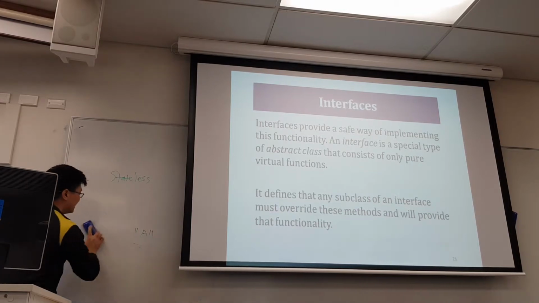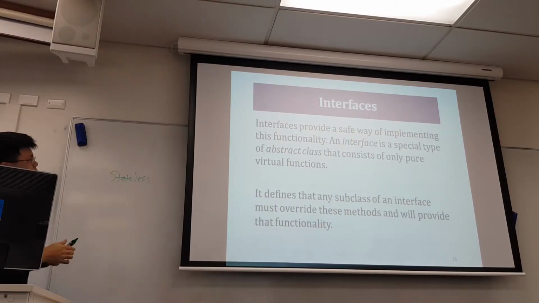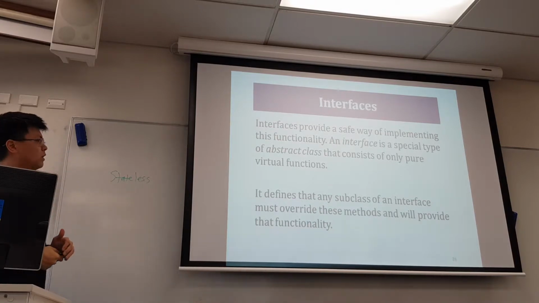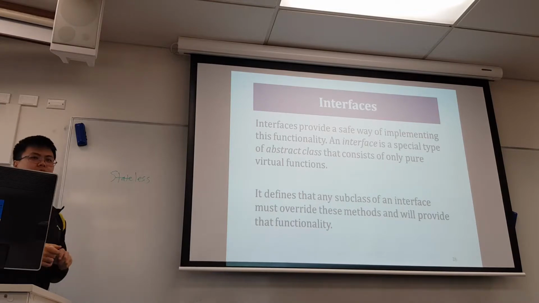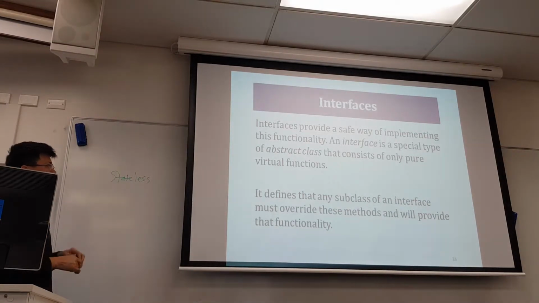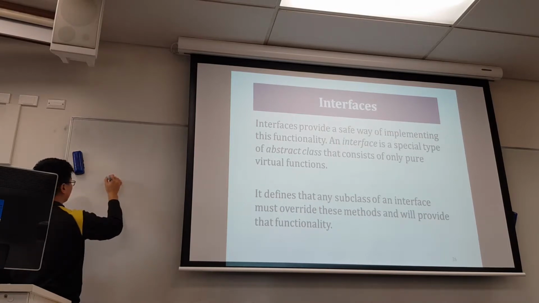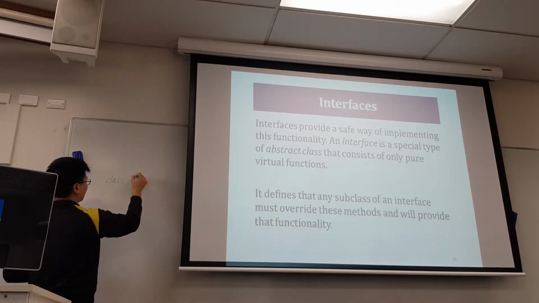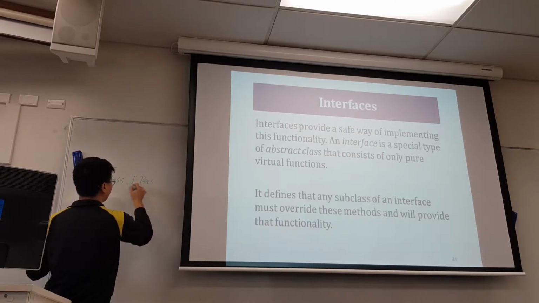So in general, if you want to declare an interface, you shouldn't have any data member, because it could be confusing. But if you must have data members, then they must be final, like this. So class I person, I being interface.